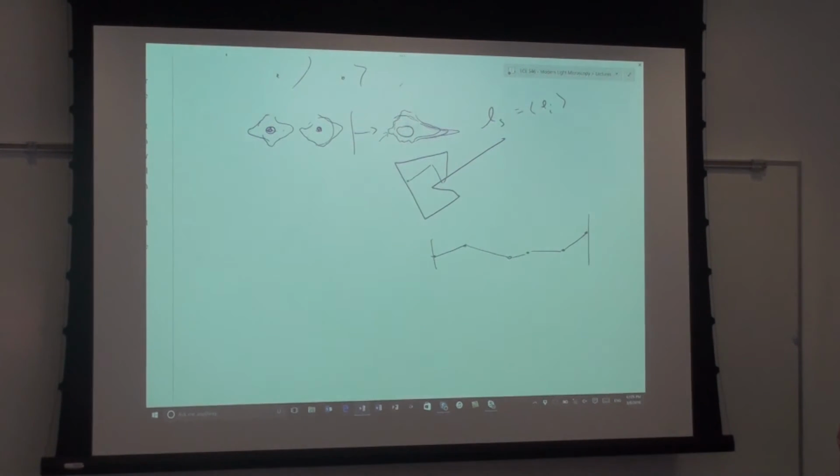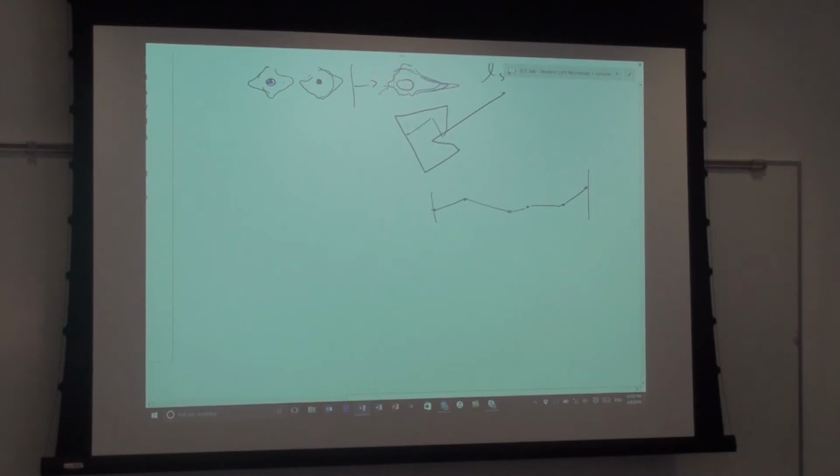So it turns out that the new quantity that we need to introduce is called transport mean free path, which is nothing more than the old scattering mean free path, but now it's divided by 1 minus the average cosine of these scattering angles, theta i.